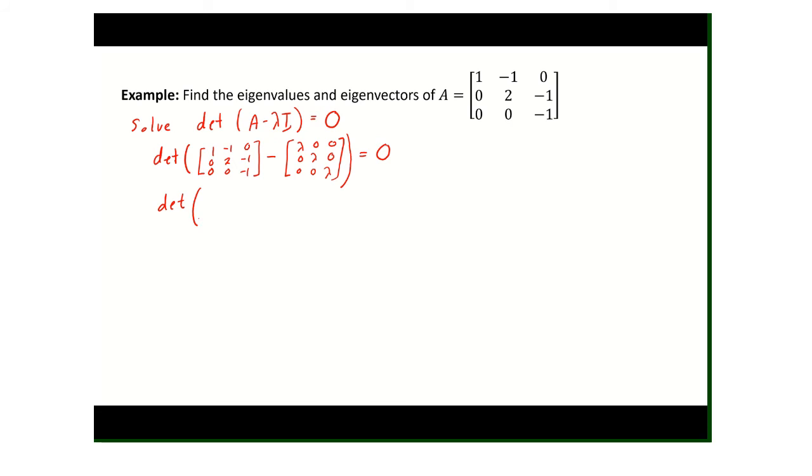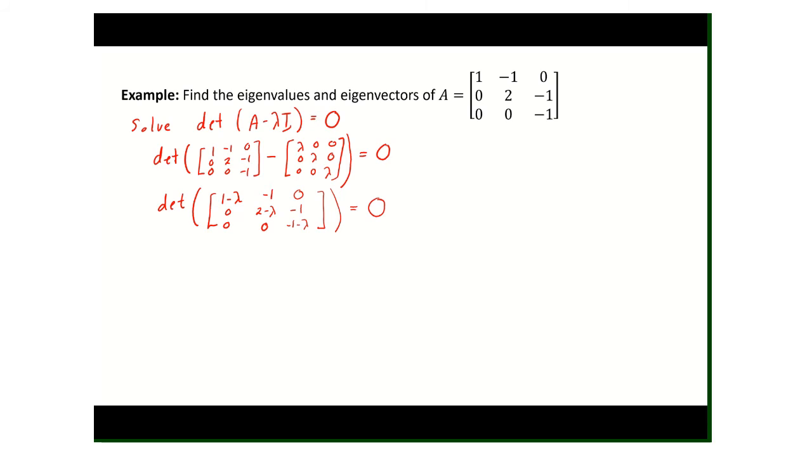So combine those two matrices. So the determinant of 1 minus lambda, 0, 0, negative 1, 2 minus lambda, 0, and 0, negative 1, negative 1 minus lambda has to equal 0. So we're looking for the determinant of this matrix with our lambda in there.